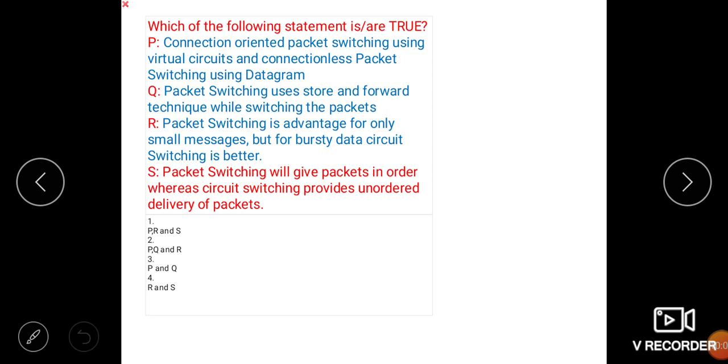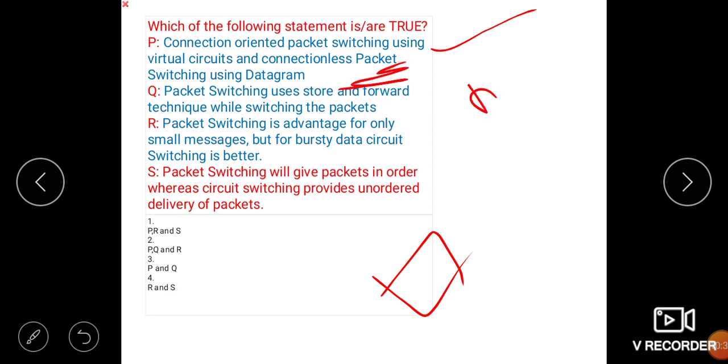Now next is, which of the following statements are true? This is a computer networking based question. Connection oriented packet switching using virtual circuit, and connection less packet switching using datagram. Connection oriented uses the virtual circuit technique, and connection less uses the datagram technique.